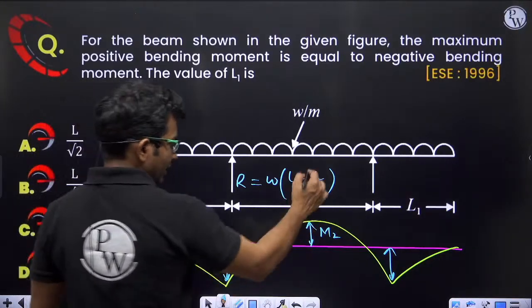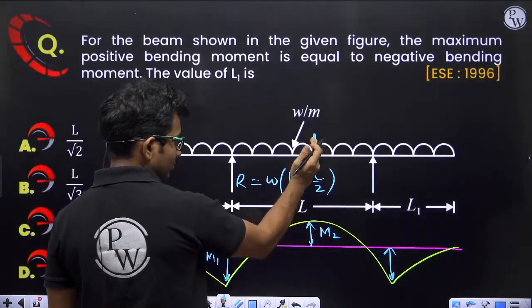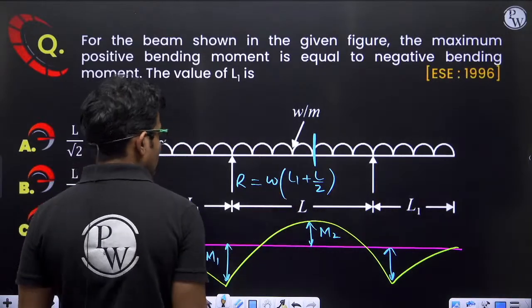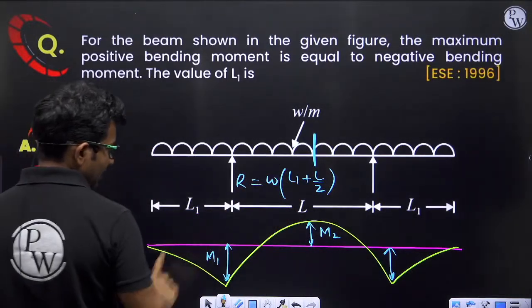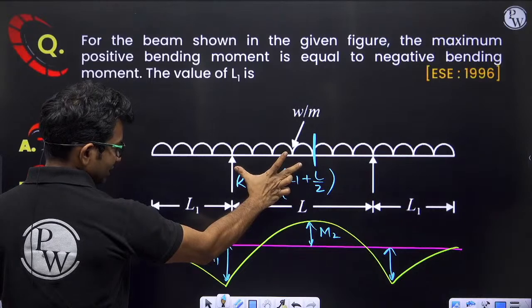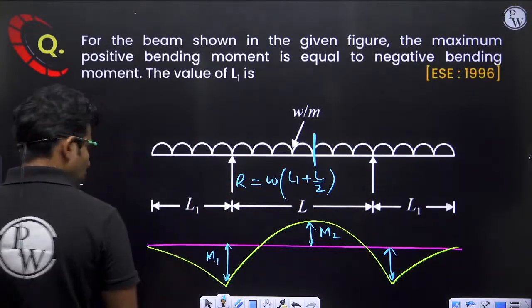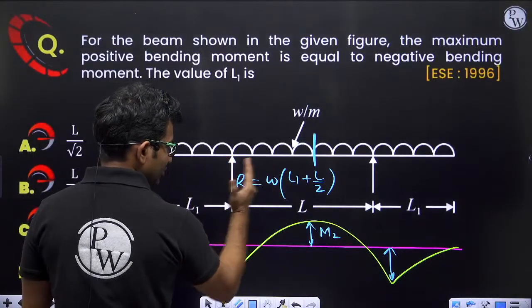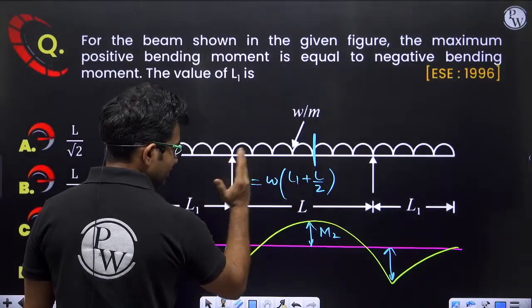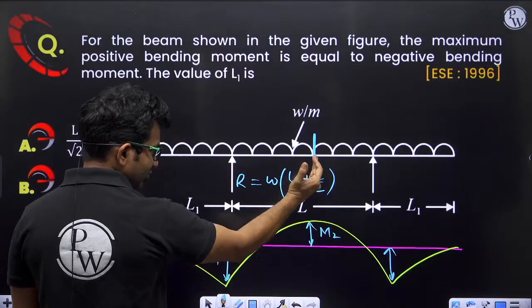Okay, so I have to calculate the bending moment M2 at this location. Bending moment M2 at this location will be R into this perpendicular distance minus W into this length square by 2. What is the perpendicular distance here?